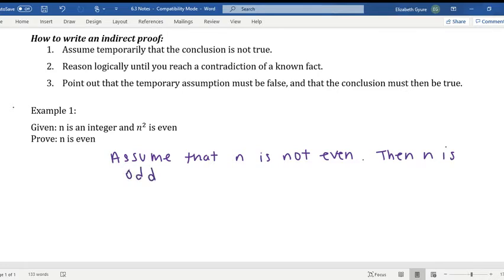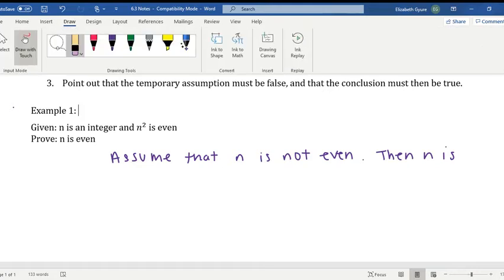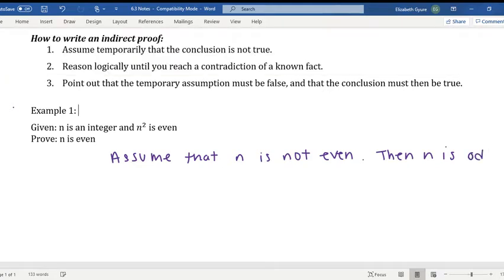And if n is odd, we have to think about what would happen. Well, if n is odd and an integer, and we're dealing with an n squared, let's see what happens if n is odd in that situation. So then n is odd, and we know that n squared equals n times n, right?